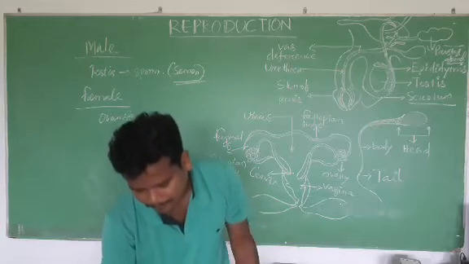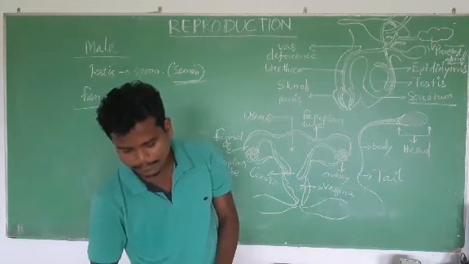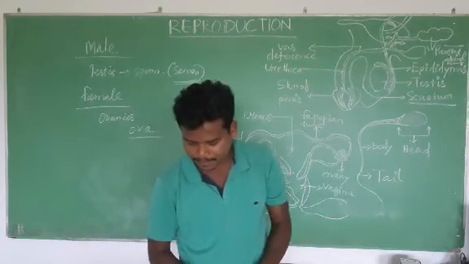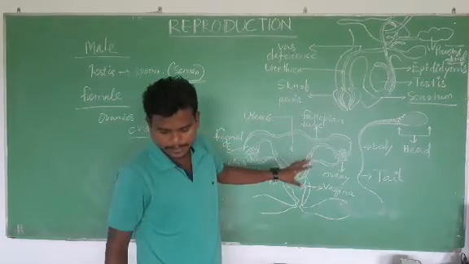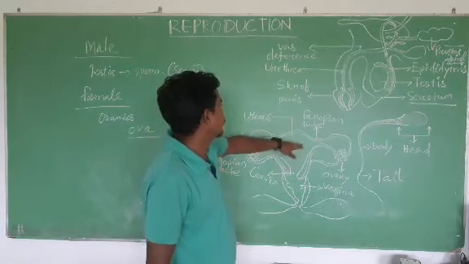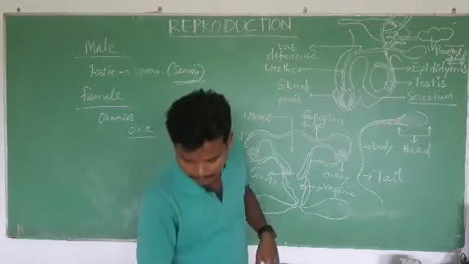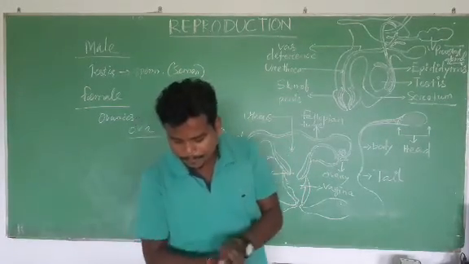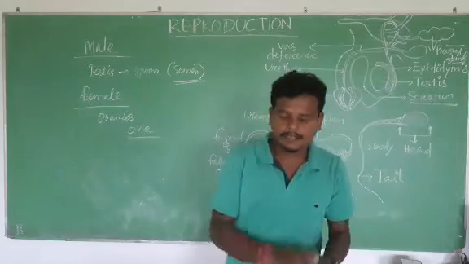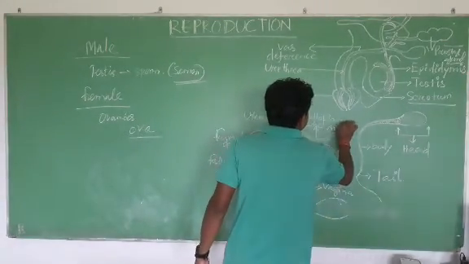Each ovary has a muscular tube which ends in a funnel with finger-like projections, and this tube carries the ovum from the ovary through the fallopian tube to the uterus. The fallopian tube is also called the oviduct.